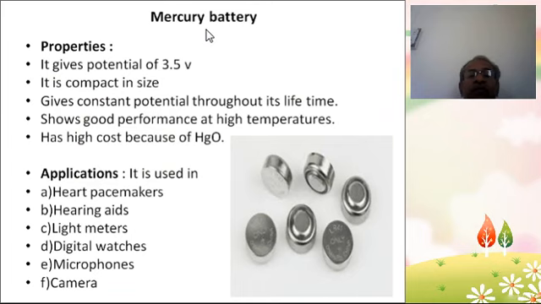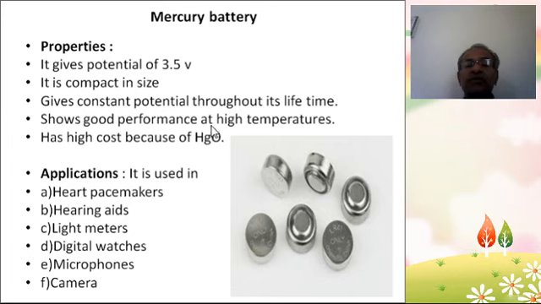Let us see the properties of the mercury battery. It gives a potential of 3.5 volt. It is compact in size. It gives constant potential throughout its lifetime.